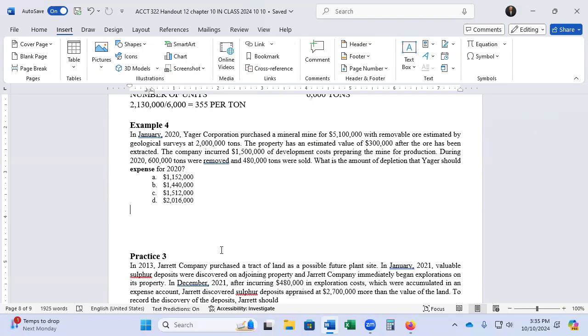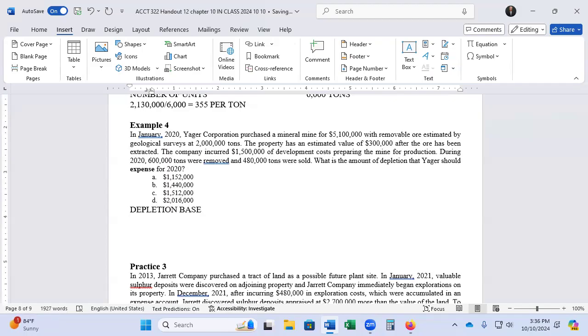So here we have a depletion amount that's different than the actual expense. So we look at it and say, okay, how much did it cost? And so we're going to create the depletion base. Acquisition. That was 5.1 million.